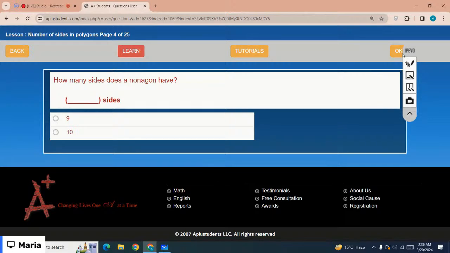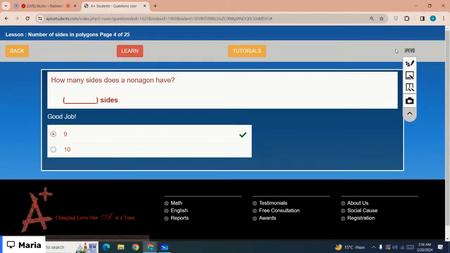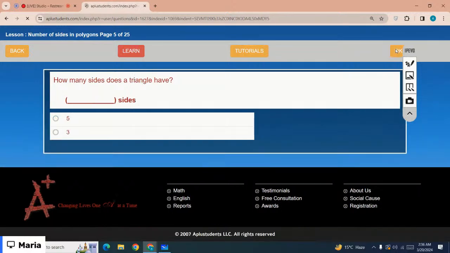How many sides does a nonagon have? A nonagon has 9 sides. Yes, hepta means 7, nona means 9. So a nonagon has 9 sides, right? How many sides does a triangle have? Which is the correct option?